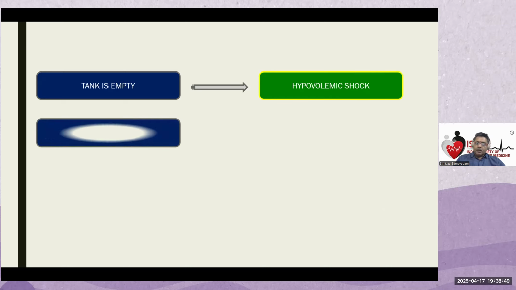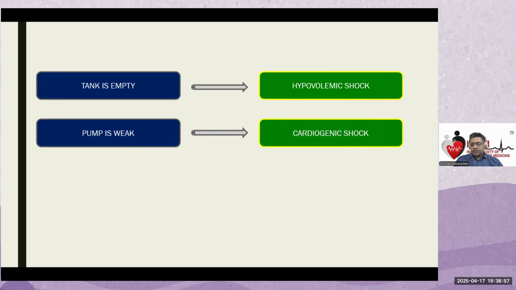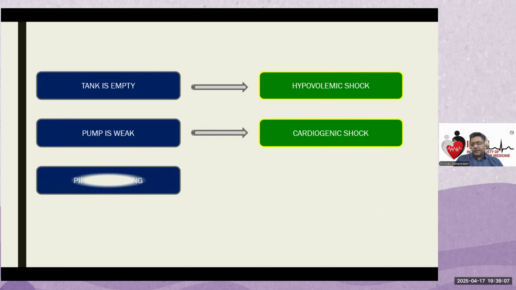If the pump is weak, that means it's cardiogenic shock, where the heart is not pumping strongly enough. A toxic myocarditis, for example, drug-induced myocardial depression, or an acute coronary syndrome with myocardial stunning.